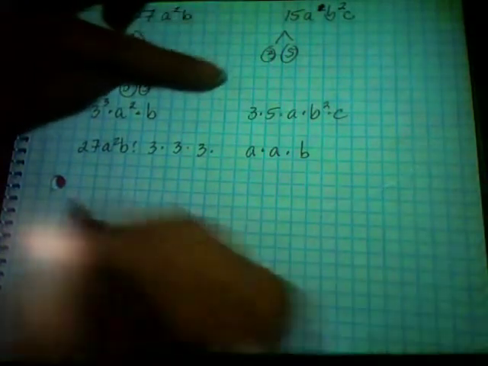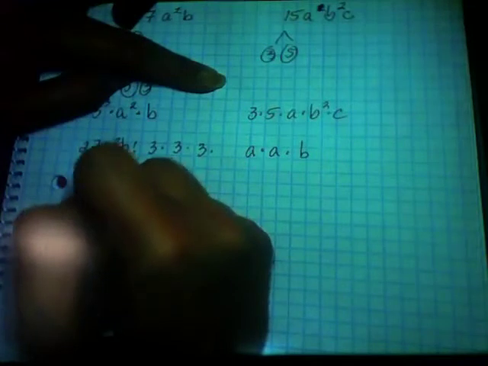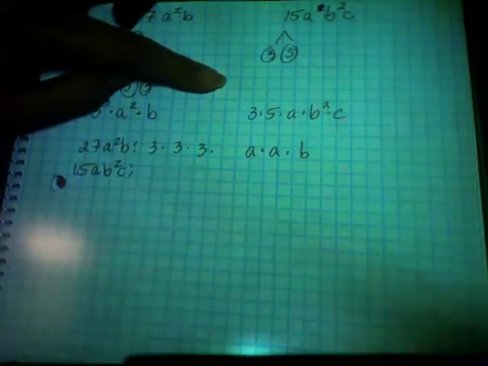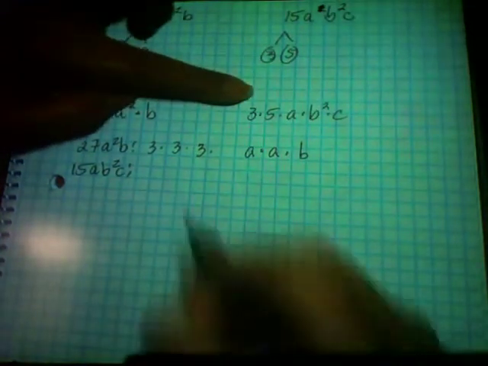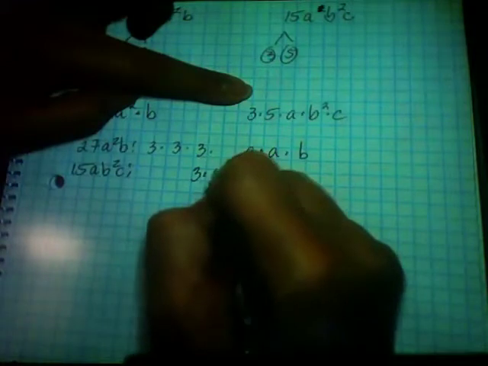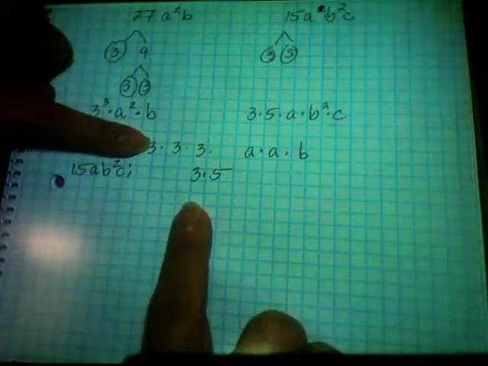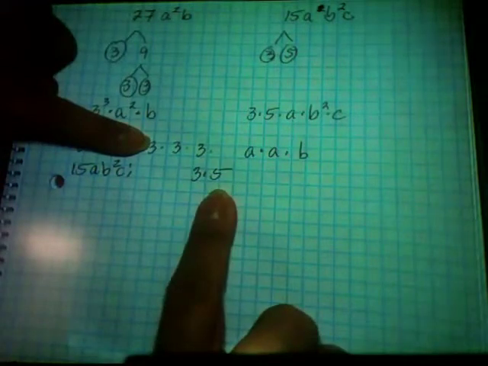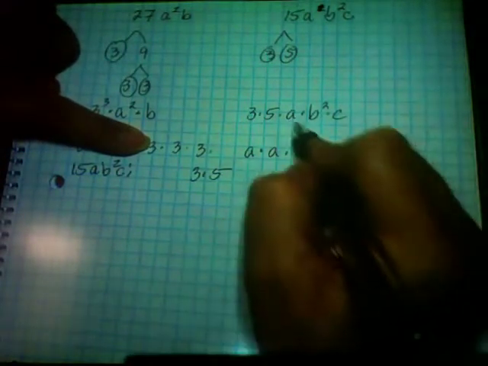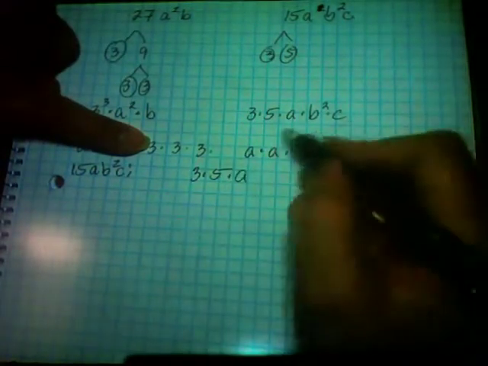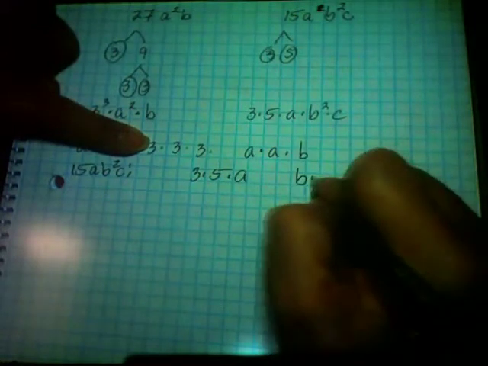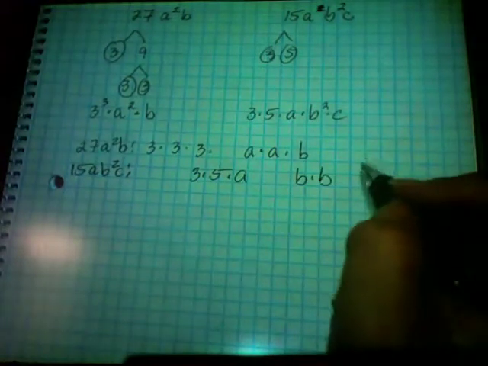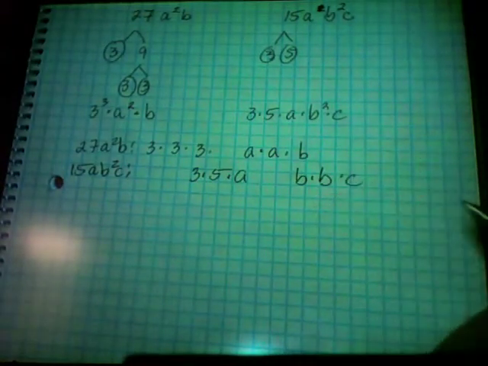Then for the 15, a b squared c, I've got a 3 and a 5, so I'm going to put the 3 on this last column. Nothing says I have to have it in the first column. You can put it whatever column you want to, just line it up with one of them. 5 has its own column. This a lines up with one of these a's. This b lines up with one of these, and then we have another column for the second b. And then the c needs a column.